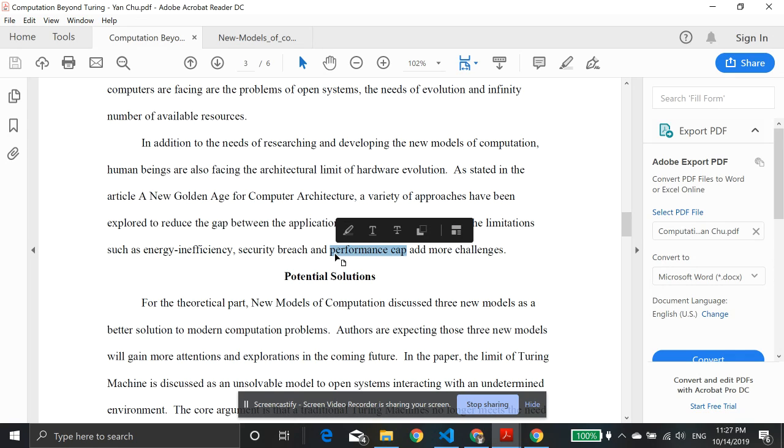The deep pipeline of a CPU design or the memory management of current hardware cannot efficiently improve the performance anymore. So we need something else to help us.